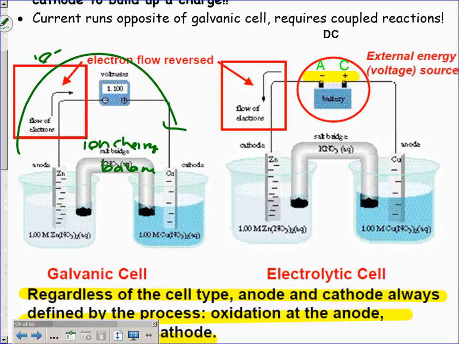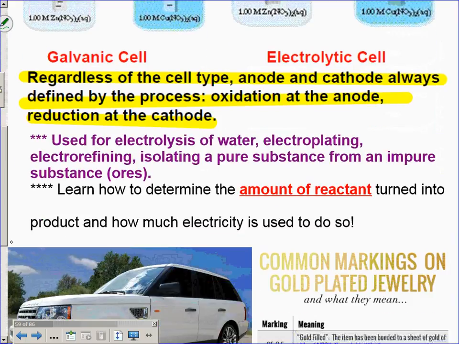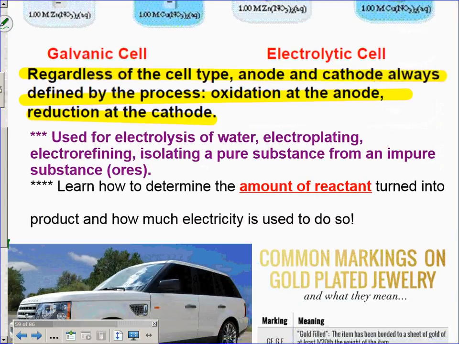Okay? Alright, so this is why I can't grade in front of you. I get emotional. Okay, so whenever you have your battery, the battery will still have an anode and cathode. It'll be paired with the opposite anode and cathode of the electrolytic cell. So if you're thinking about terminology switching, don't do it. Cathode will always have the process that is reduction, and anode will always have the process that's oxidation.